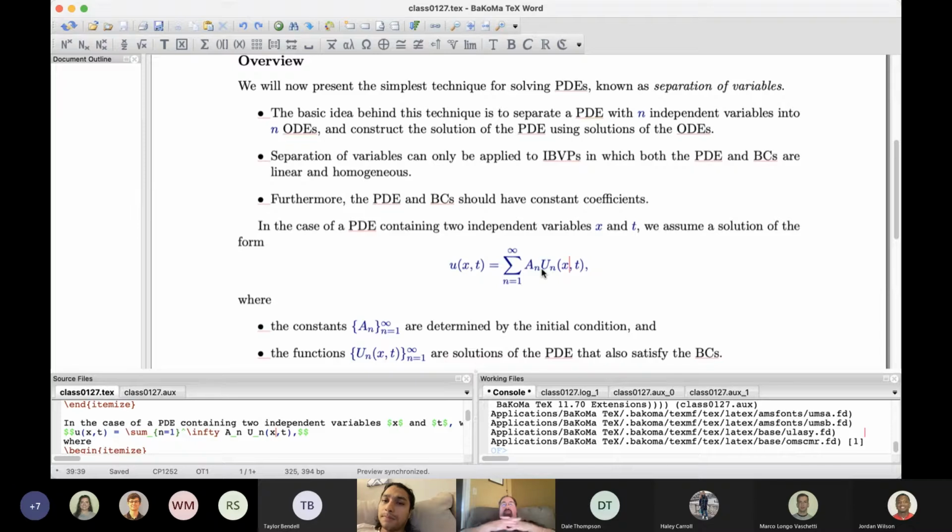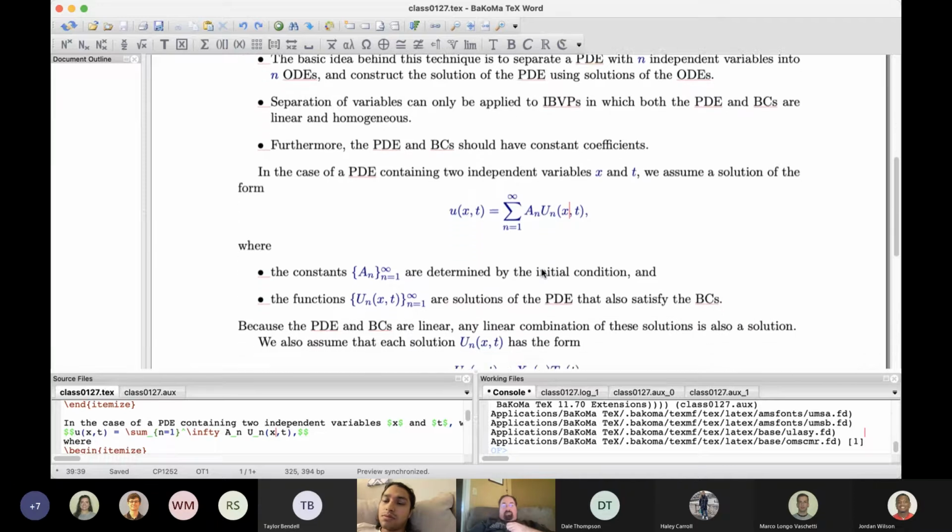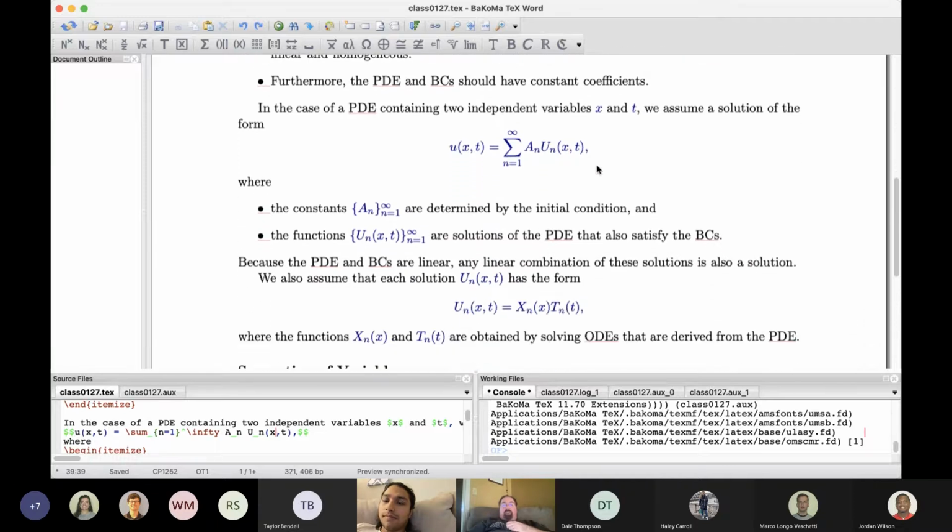So we're really going to deal with the PDE and boundary conditions first, and then we'll account for the initial condition at the very end of the process. Also, we're going to assume that these solutions to the PDE are a product of a function of x only and a function of t only. These will come from solving the two ODEs that we separate the PDE into.